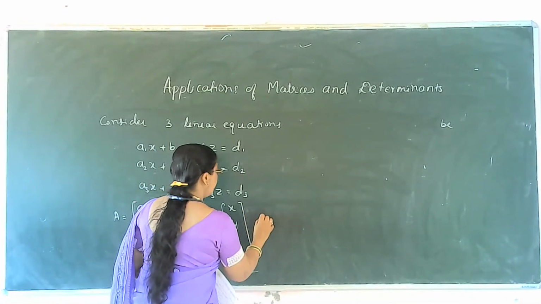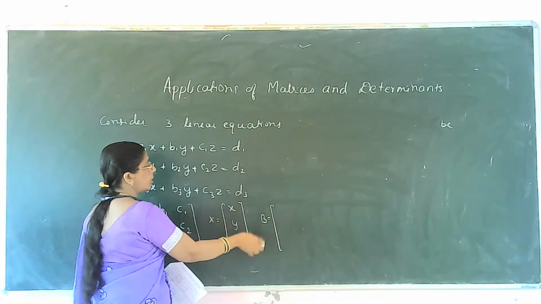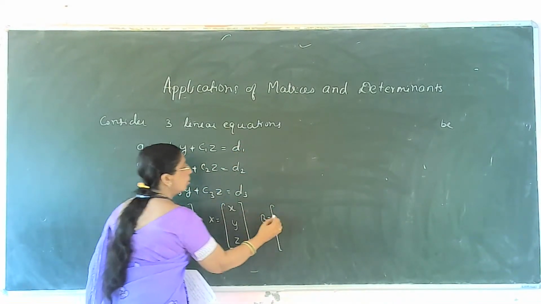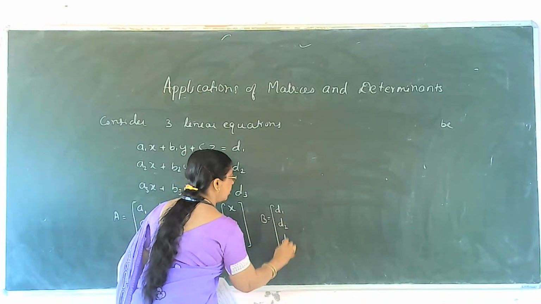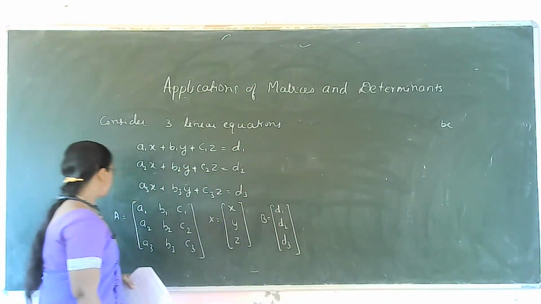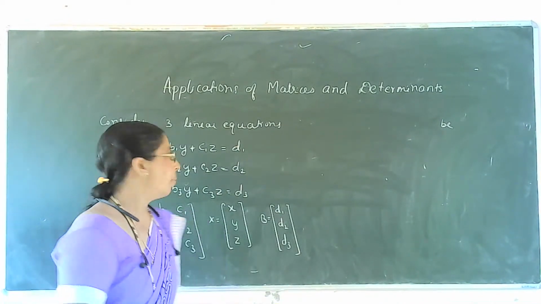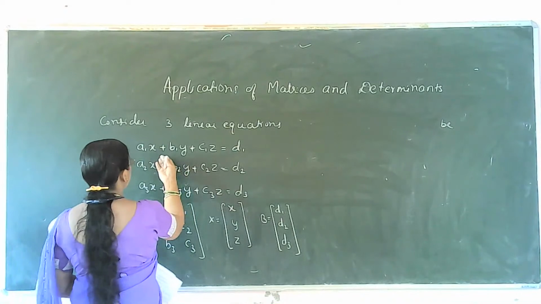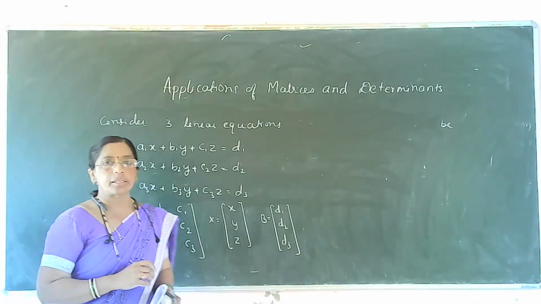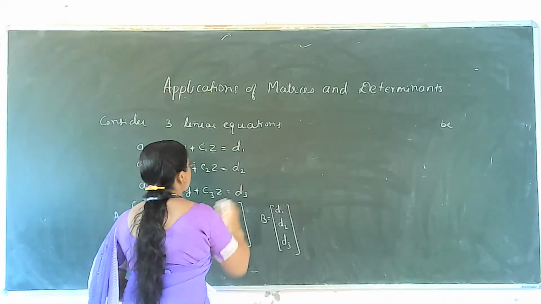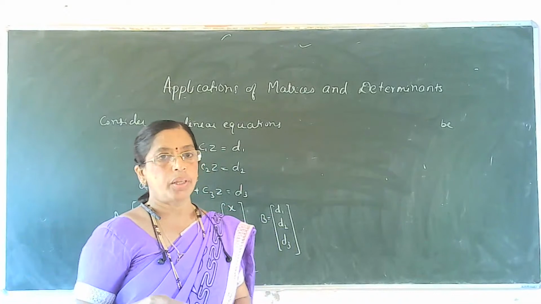Then B is another matrix, which is d1, d2, d3, the right-hand side of the equations. We get three matrices.